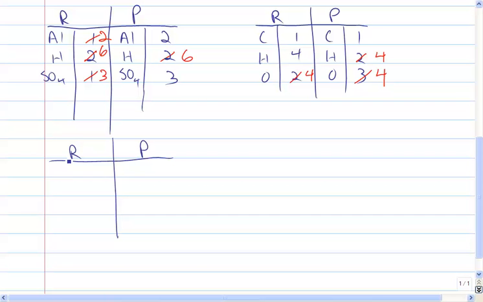We've got zinc, sulfur, and oxygen in 1, 1, and 2. And we've got zinc, sulfur, and oxygen in 1, 1, and 3. So it looks like the oxygen is what needs to be balanced at this point.